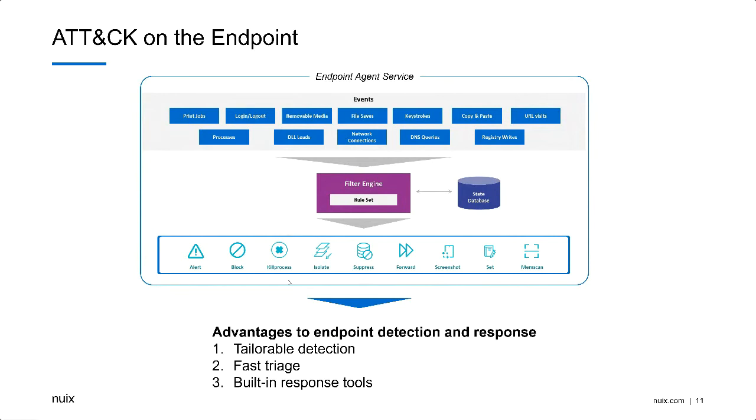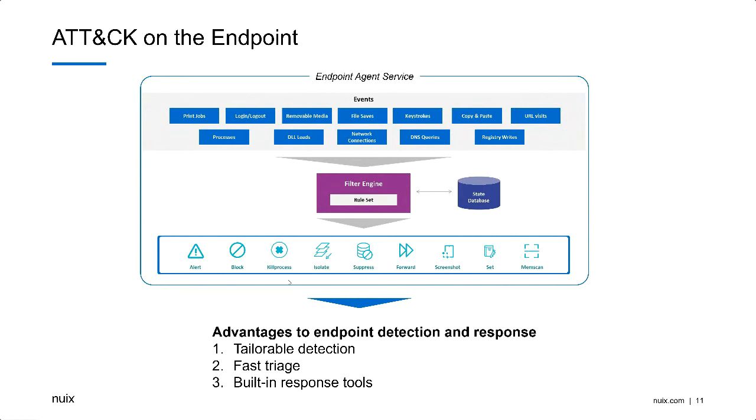I think endpoint monitoring offers some unique advantages when it comes to monitoring for MITRE ATT&CK TTPs. For one thing, I should go through and count how many of them are observable on the endpoint. I don't know the proportion, but it is a large number that are only observable on the endpoint. So if you're not doing endpoint monitoring, you're automatically unable to monitor for many of the things that are in the framework.